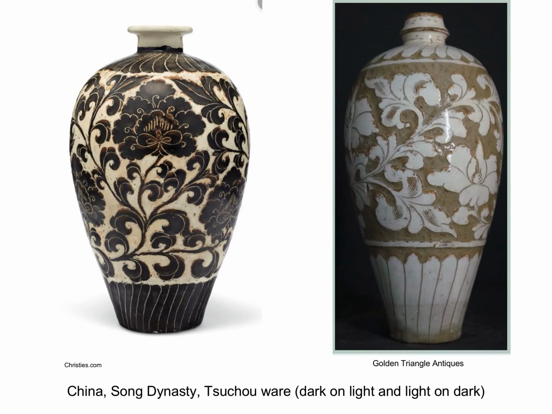So this characteristic of dark on light, light on dark is found all over the history of ceramics. This is an example from China too, a wonderful example, dark on light on the left and light on dark on the right.